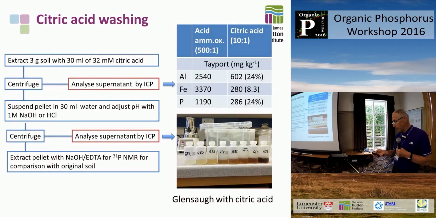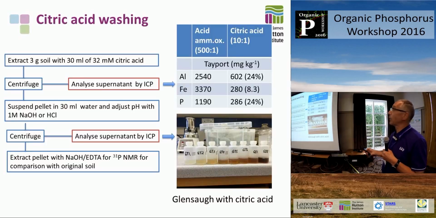So moving on from this, what we thought we'd do was this washing experiment. Take the soil with 30 mils, and this time we use slightly more citric acid, really to match up with the amount of iron, aluminium, phosphorus that can be taken out from this soil with ammonium oxalate.